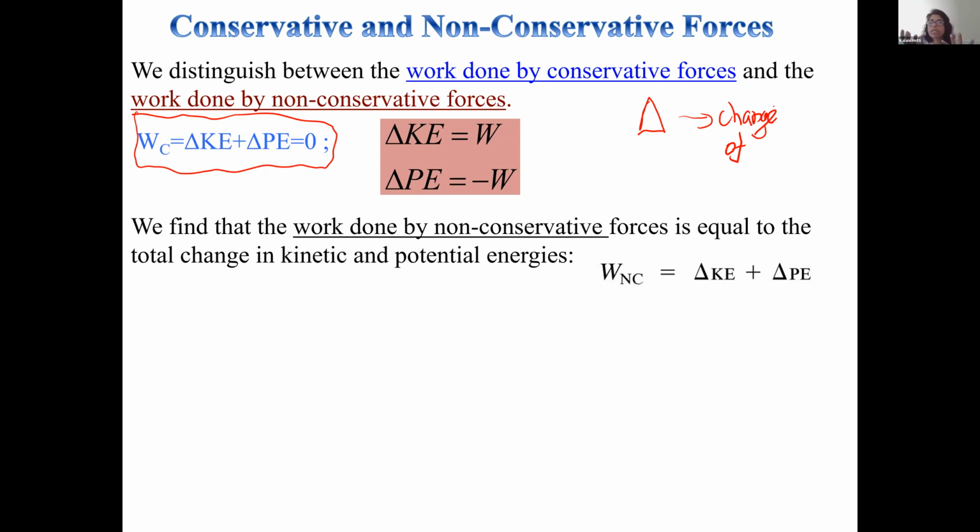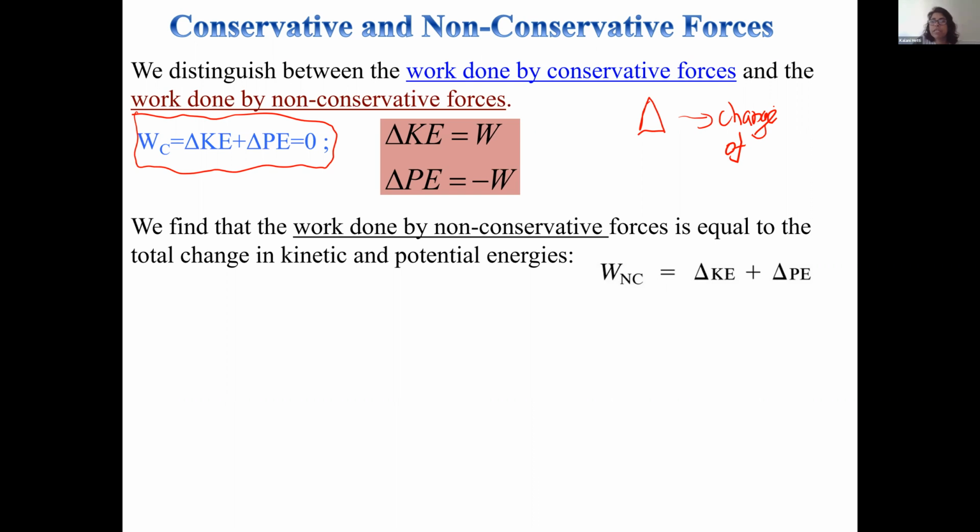Change of kinetic energy means kinetic energy final minus kinetic energy initial. Change of potential energy means potential energy at the final place minus potential energy at the initial place. Always final minus initial is the change of something. So in conservative forces, your net work done will be equal to 0. That shows change of kinetic energy plus change of potential energy equals 0.